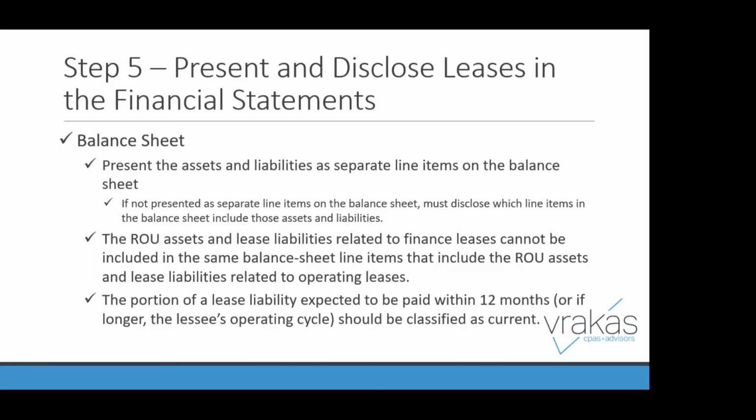And under no circumstances should the right of use assets or the lease liabilities for financing and operating leases be included in the same balance sheet line items. So essentially, if you put your operating lease right of use assets in other assets, you shouldn't put your financing lease right of use assets in other assets as well. Those should be separated.